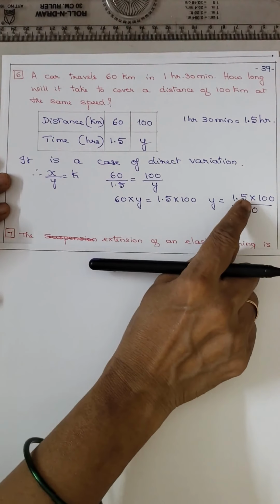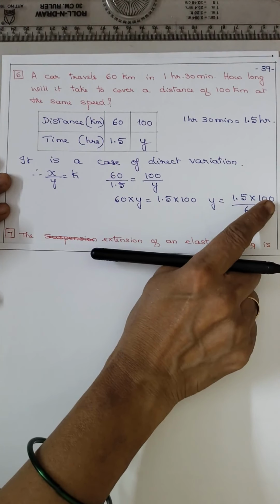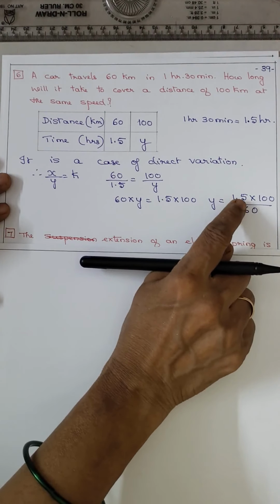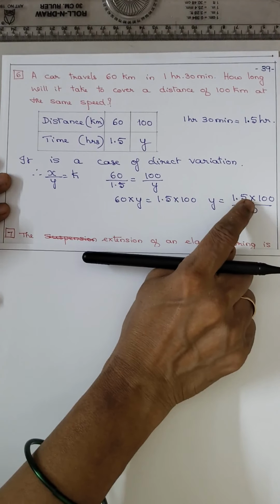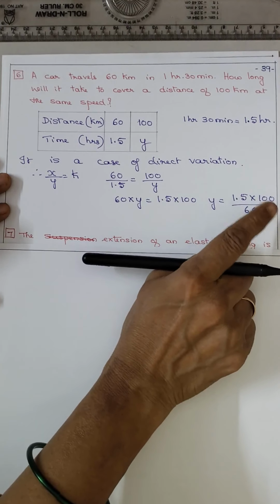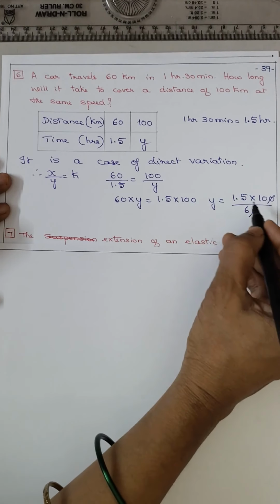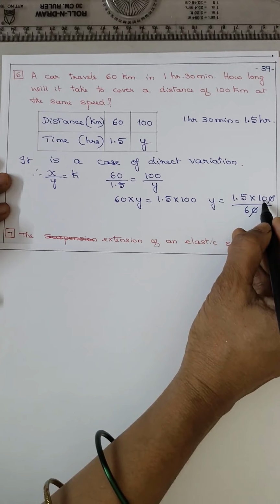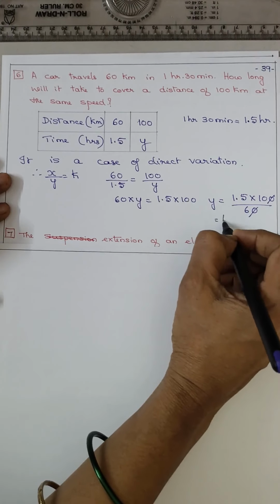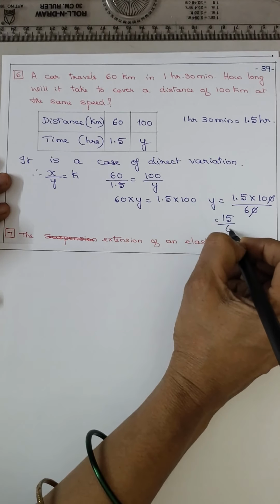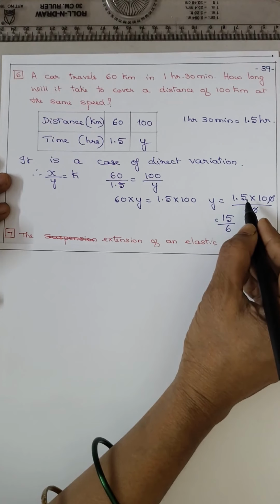Now when it is multiplied by 100, it becomes 1.5. So it will be how much? 1.5 into 10, so it will be 15/6. Yes or no?